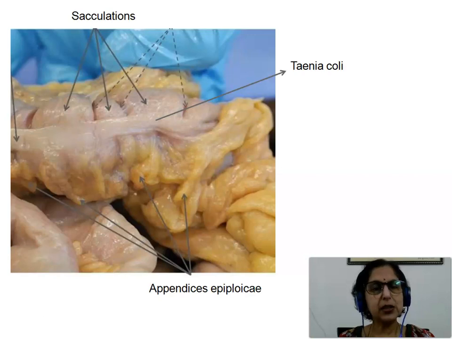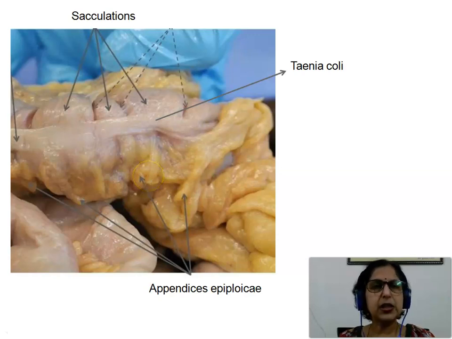And the third feature, what we also see here, is the appendices epiploicae. These are nothing but small fat-filled pockets covered with peritoneum, which are seen on the outermost part of the wall of the large intestine.